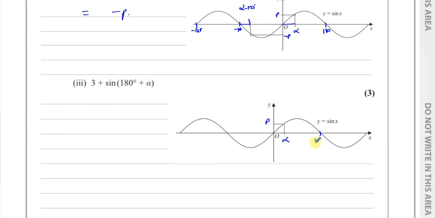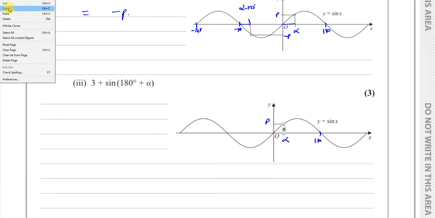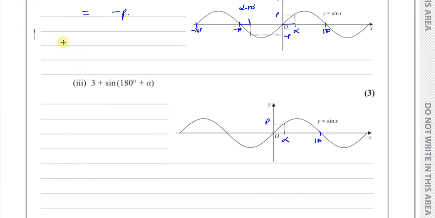Now this 180 plus alpha will be basically the same as this, but just over here. From the symmetry of the curve, we can see that this distance is alpha, that distance is also alpha. So this angle here is 180 plus alpha, and again, it's going to give us negative p.